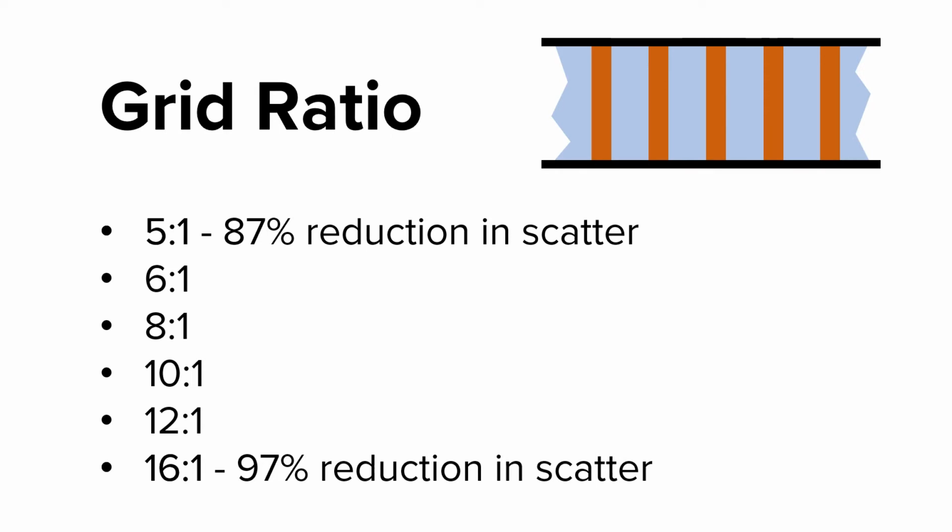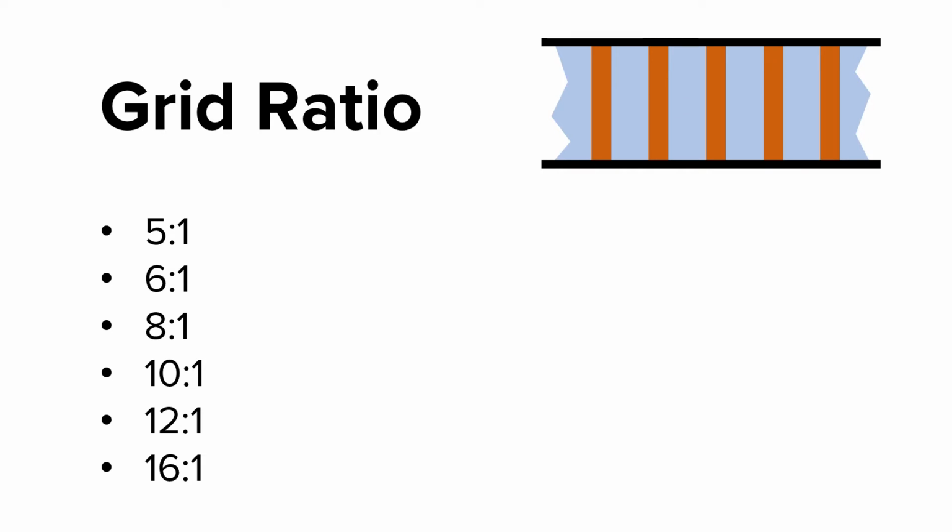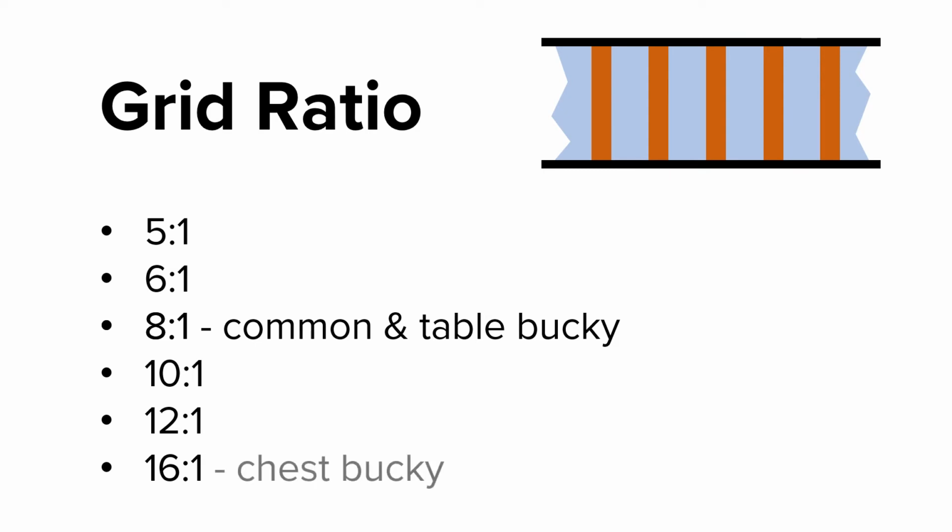However, the higher the grid ratio, the greater your technique must be. The 8:1 grid is typically the most common and is usually in most table buckies. The 16:1 grid can typically be found in your dedicated chest bucky.